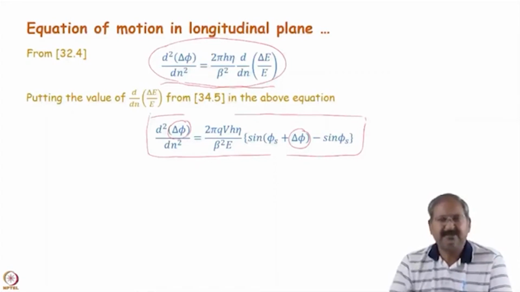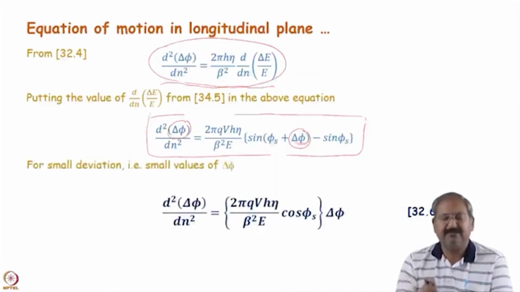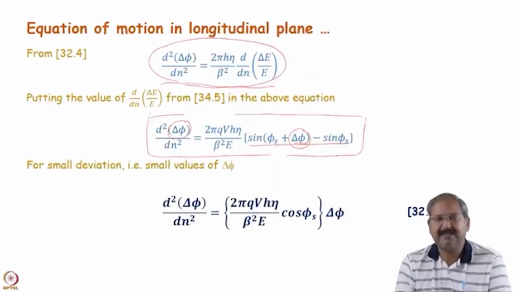How? Suppose the deviation in phase is not large, meaning this delta phi is a very small quantity. If delta phi is very small, the expression sin c minus sin d can be written as 2 cos of (c plus d) by 2 times sin of (c minus d) by 2, meaning a sin delta phi by 2 term will be there, and because delta phi is small, you can use the relation sin delta phi by 2 is approximately delta phi by 2, and cos of (phi s plus delta phi plus phi s) upon 2 will be cos phi s.